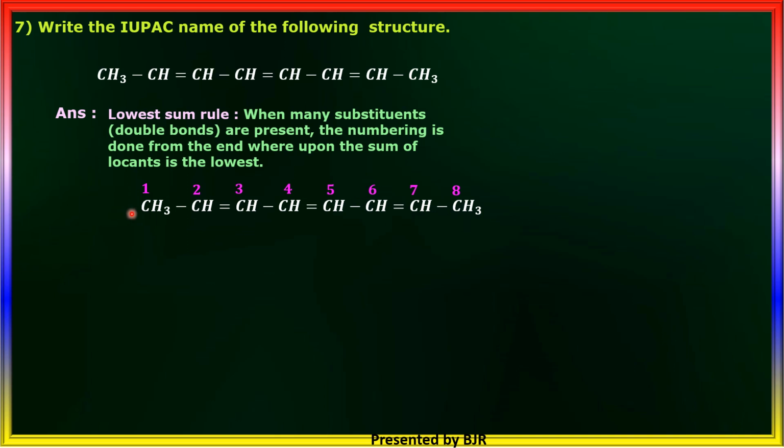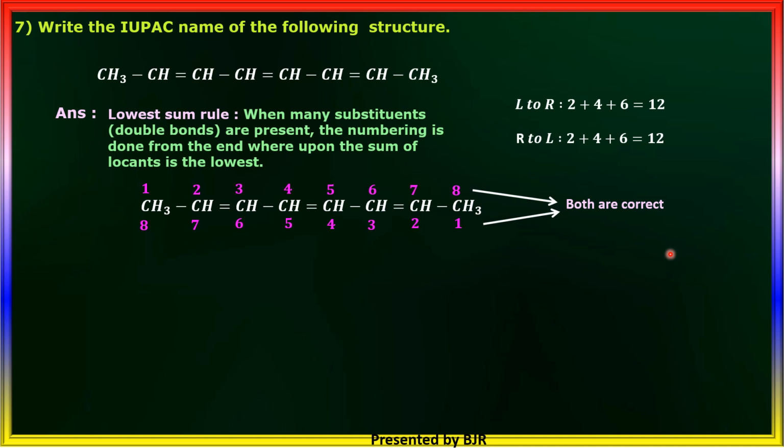Numbering can be done from left to right and from right to left also. Let us check which one is correct. We have to add up all the locants. If numbering is done from left to right, 2 plus 4 plus 6, 12. From right to left, 2 plus 4 plus 6, 12. So both are correct here.